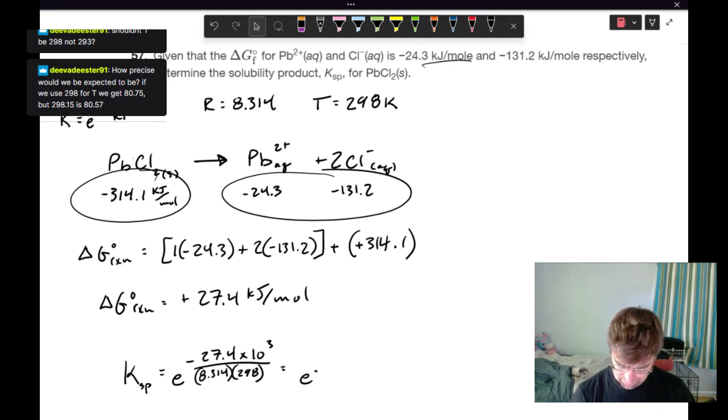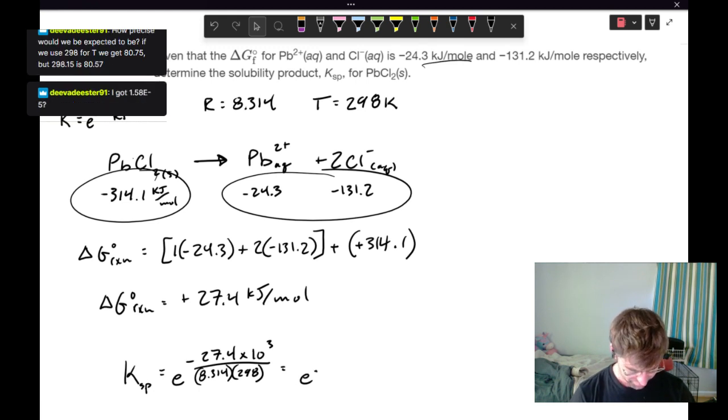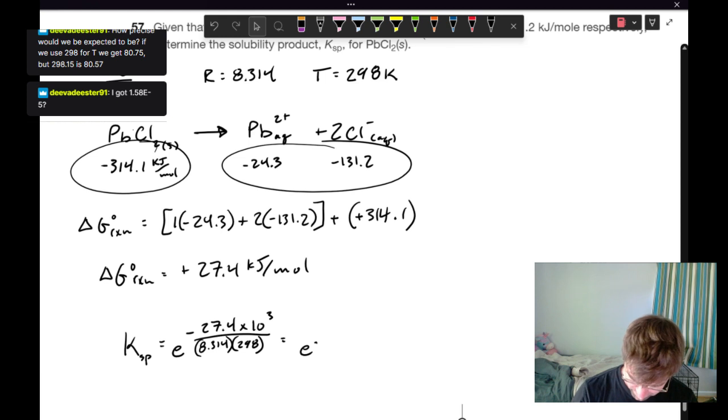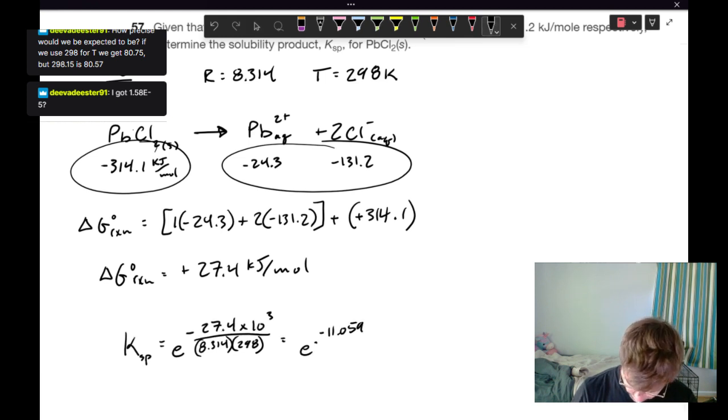I have to be hitting something wrong on my calculator. This is ridiculous. There we go. Okay. That's what we expected.